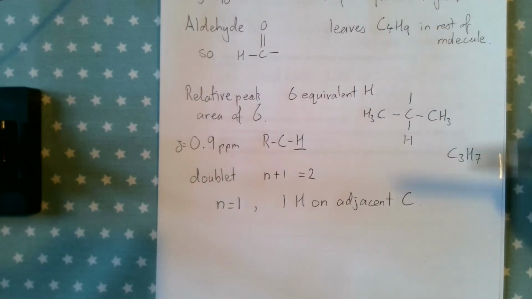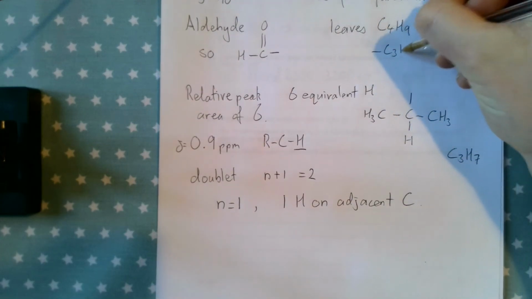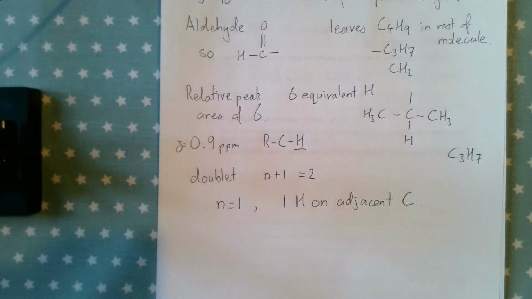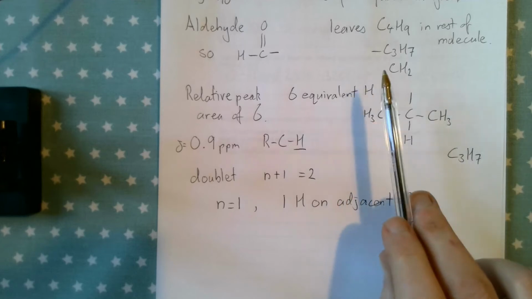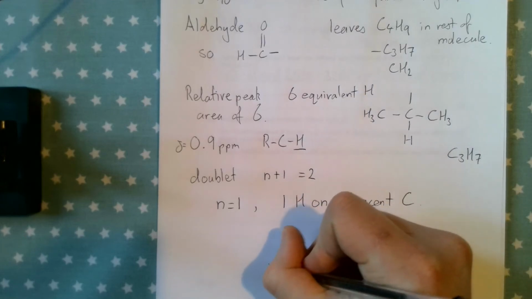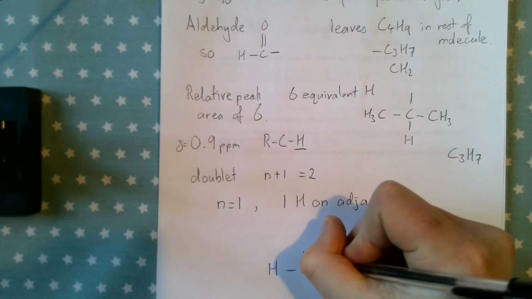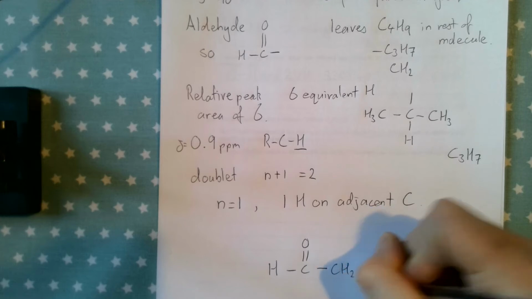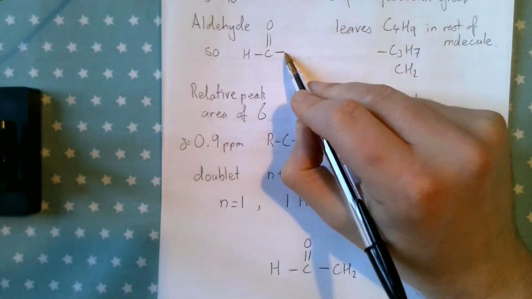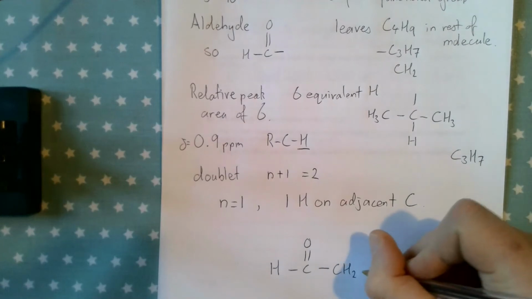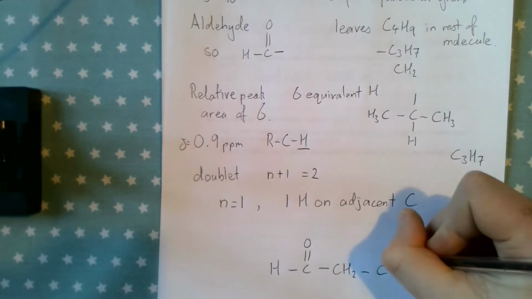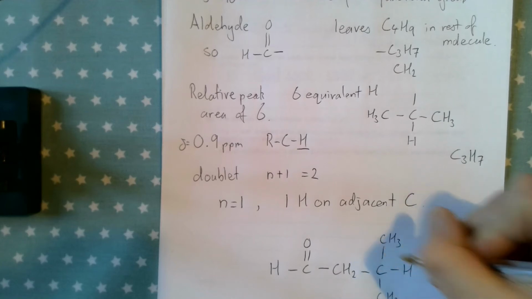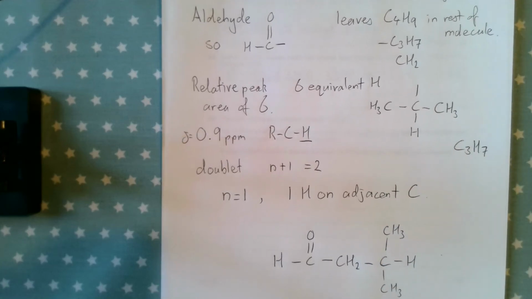And that means that there's a CH2 somewhere else, and this is probably the most common mistake here, where people forget about this CH2. So what you've got is your aldehyde at one end, then you can have the CH2 because there's only one connecting part here, one connecting part here, the CH2 in the middle, and that is your molecule there.